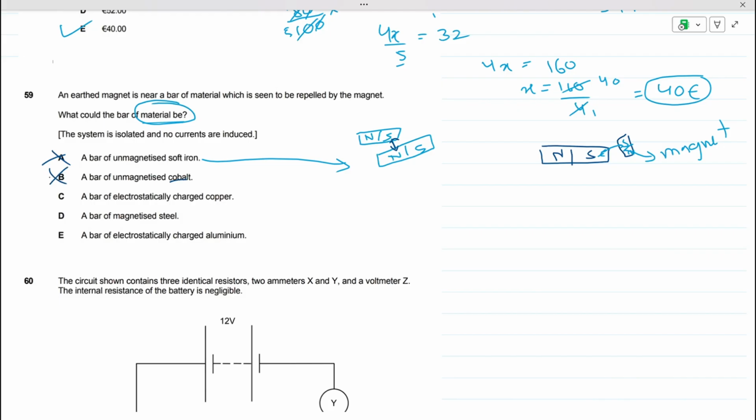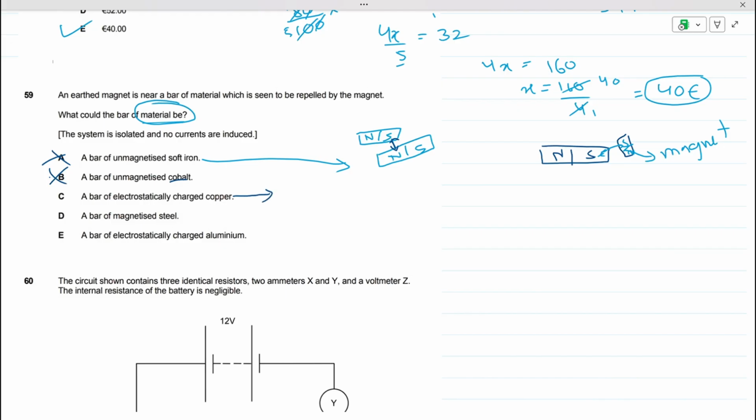Same goes for unmagnetized cobalt as well. Cobalt has that same property. For instance, it is magnetic but not a magnet itself, because when it is brought near to a magnet, its nearest pole basically changes itself to an opposite pole, and because of that opposite pole, it is attracted towards the magnet, not repelled. So if I talk about the third option, a bar of electrostatically charged copper.